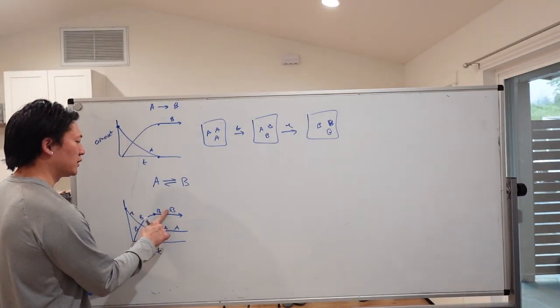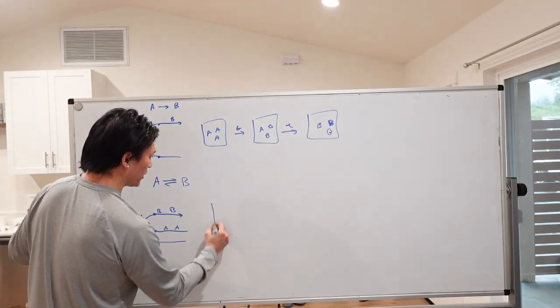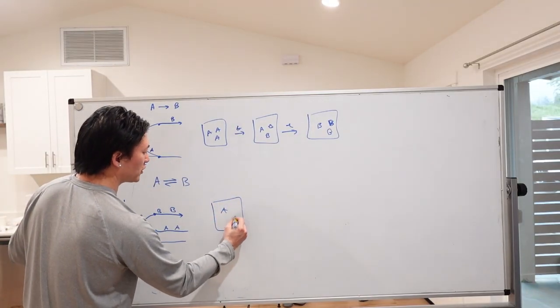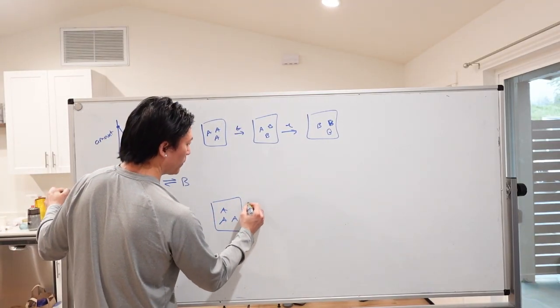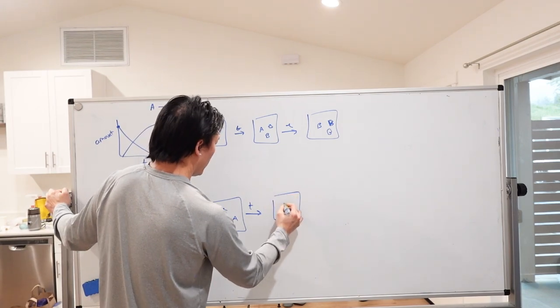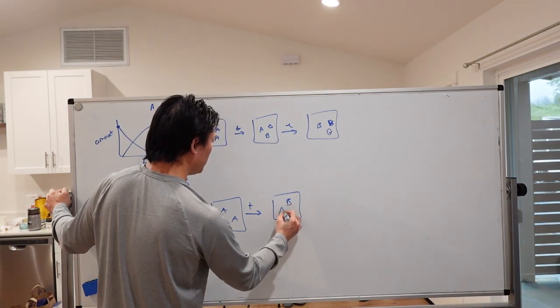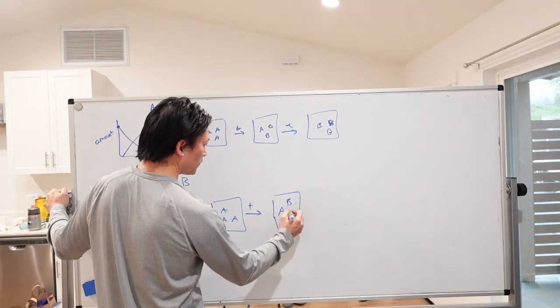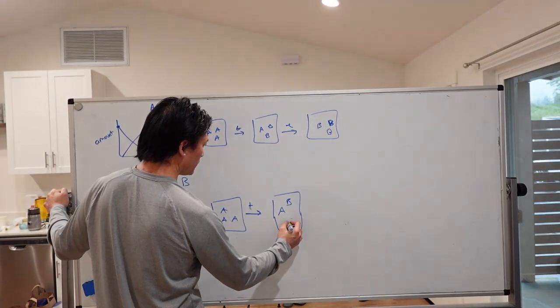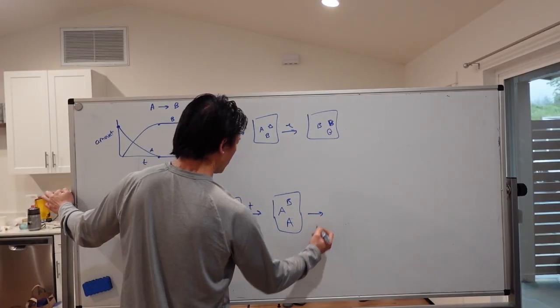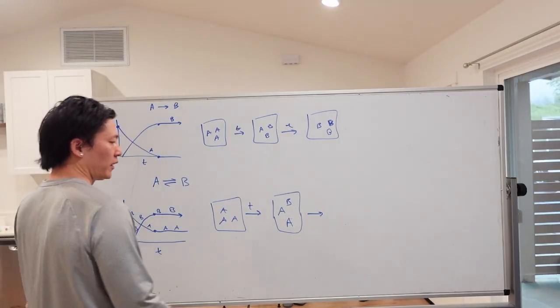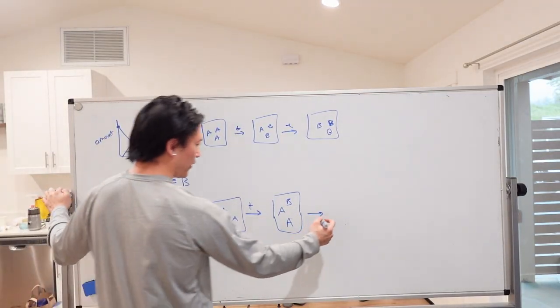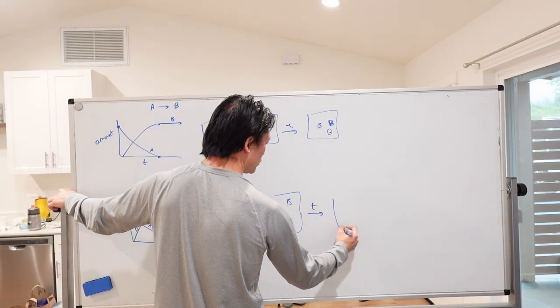And so what I want to do next is draw the picture of how that looks. Initially there are some A's, and then B's form. Only one B formed here, and then finally, as time progresses, we get this situation.